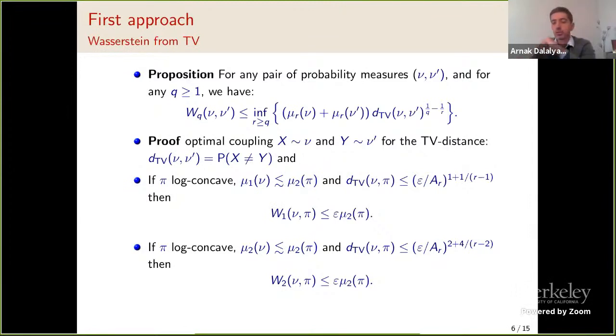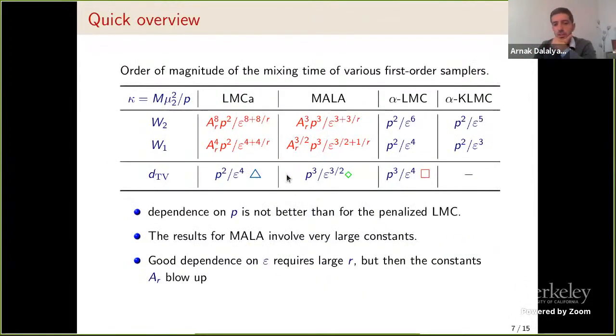And if we use these results in combination with the last row of the table, we can easily see that from the last row, which gives bounds for the total variation distance, we can infer bounds for W1 and for W2.